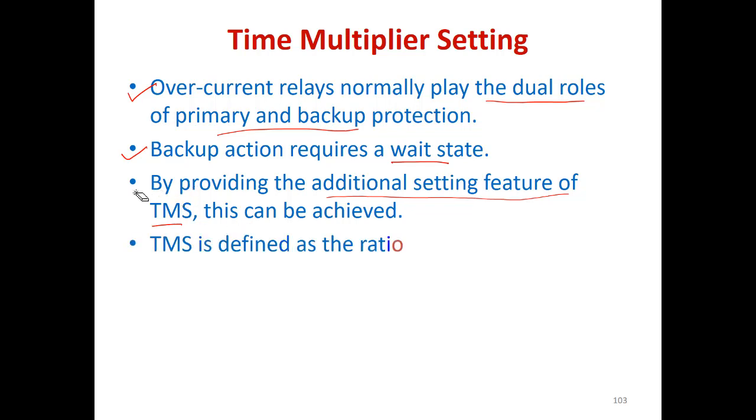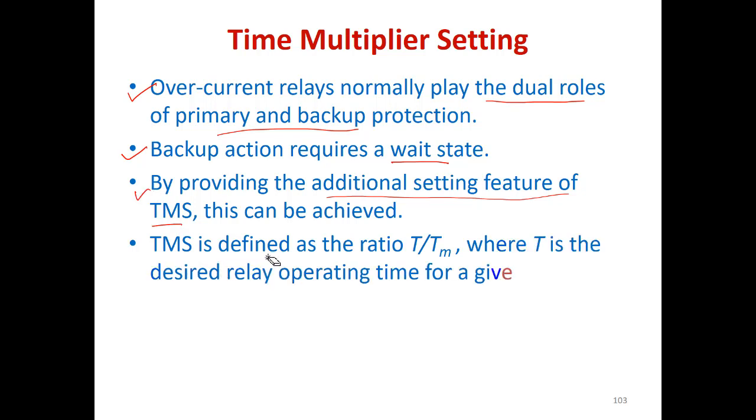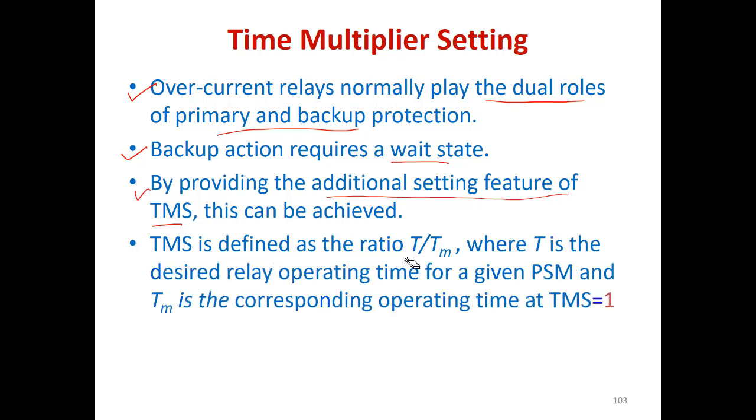achieved, right? So TMS is defined as the ratio of T by Tm. Where T is the desired relay operating time, that is the time we require. That means we desire to set the time, so the desired relay operating time is T for a given PSM.